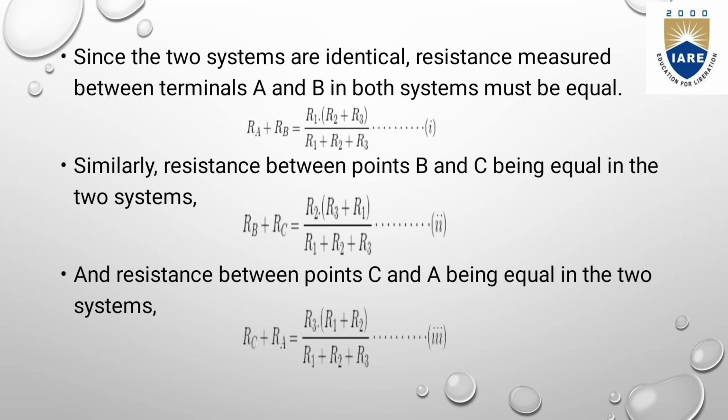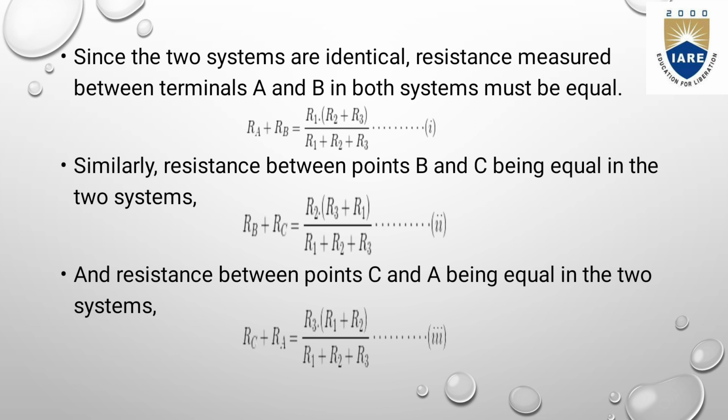Since the two systems are identical, resistance measured between terminals A and B in both systems must be equal. Therefore, RA plus RB is equal to R1 into R2 plus R1 into R3 by R1 plus R2 plus R3. So this will be our first equation.